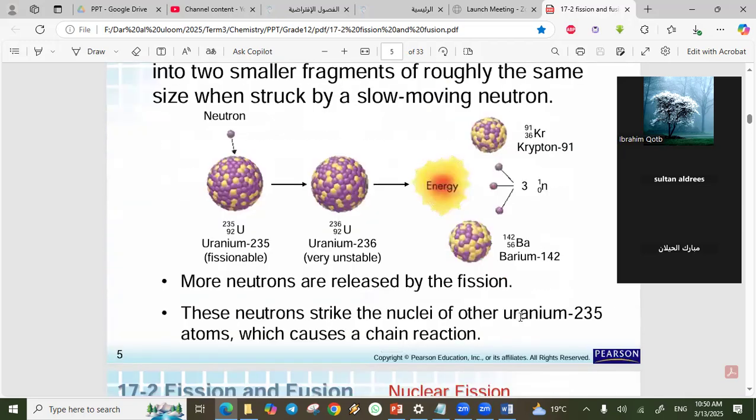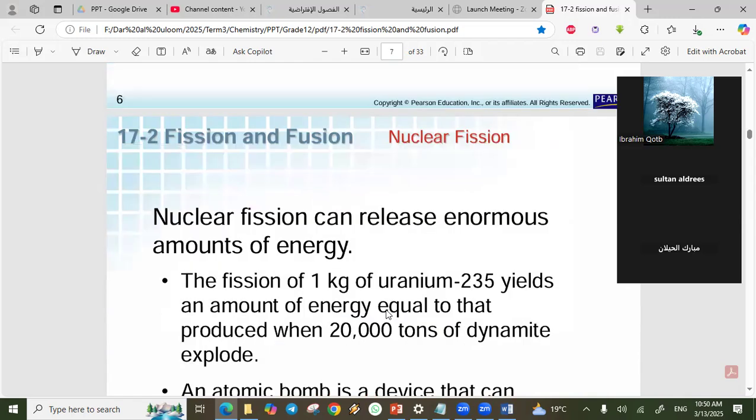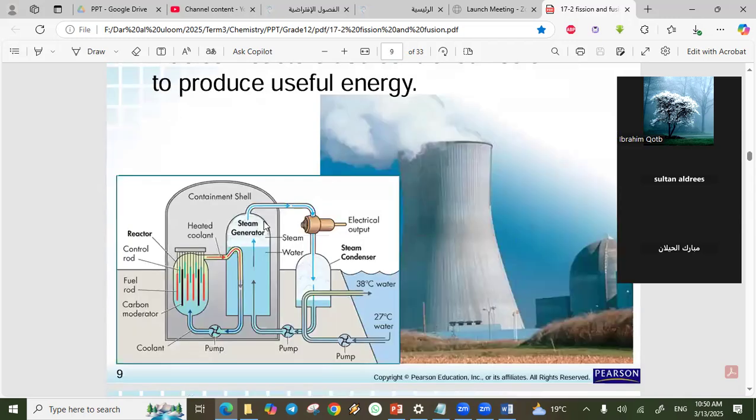The first problem is the produced neutrons are very fast moving, so we have to slow them down. The second problem is the energy produced is very high and it can melt the reactor itself.